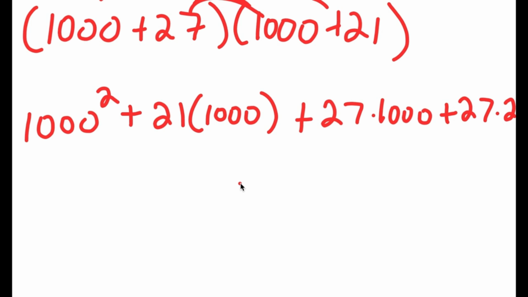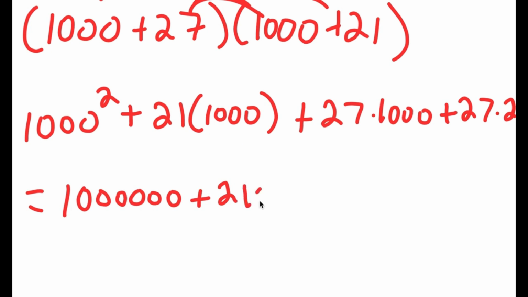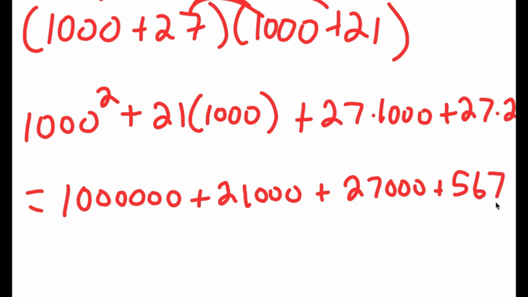Now, 1,000 squared, that's equal to 1 million. Plus 21 times 1,000 is 21,000. Plus 27 times 1,000 is 27,000. Plus 27 times 21 is 567.